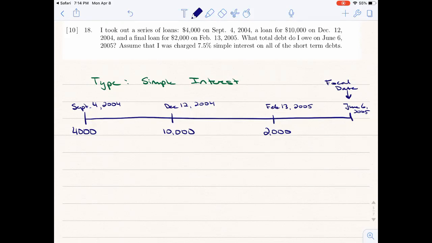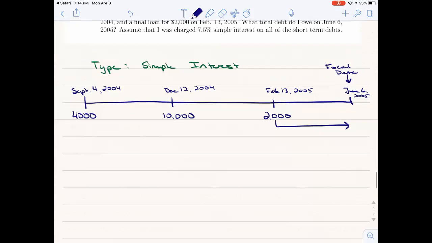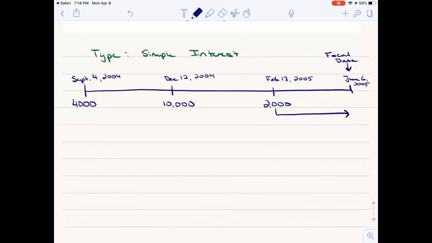And so we're going to draw all of these payments to June 6th to figure out how much do I owe with interest on June 6th? What I like to do is take the amount that's closest to the focal date and draw that arrow first. That way the arrows don't overlap, but it really doesn't matter which arrow you draw first. Because I'm pulling this arrow forward, this is going to be a future value.